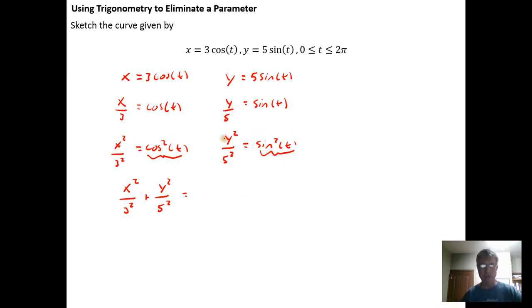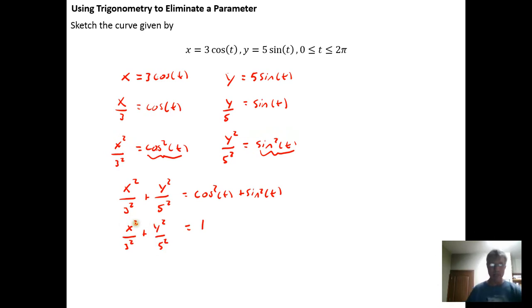So if I add these two sides together and they're equal, then it should be equal to adding these two sides together. So over here I get cosine squared of t plus sine squared of t. And then here I want to recognize the Pythagorean identity. Cosine squared plus sine squared equals 1. So I have x squared over 3 squared plus y squared over 5 squared equals 1 in rectangular form.